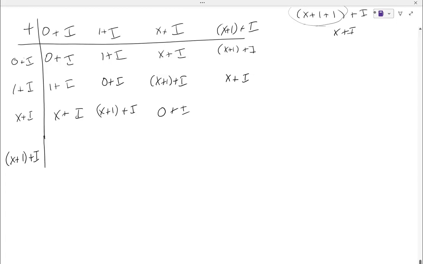And then x plus I plus x plus 1 plus I is going to be 1 plus I. Good. And then we should be able to fill out the rest of these. Notice the last: when we do x plus 1 plus x plus 1, you get 2x plus 2, but the 2 is the same thing as 0.